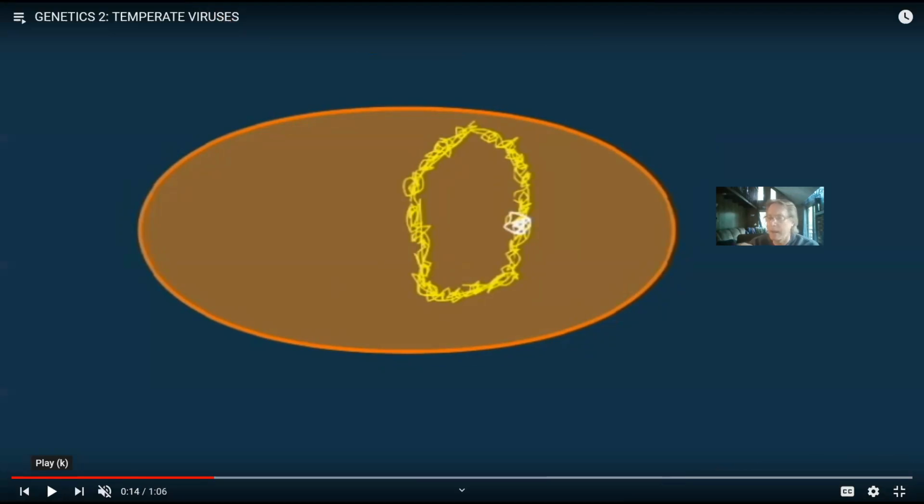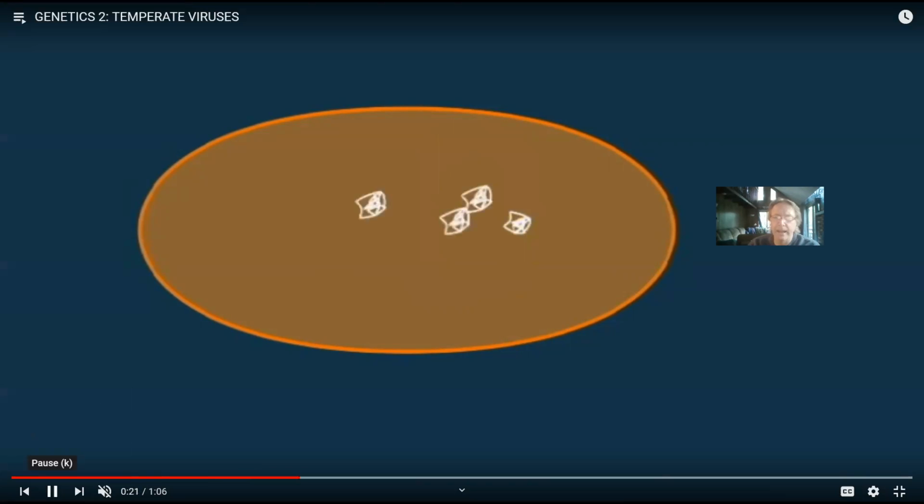The virus may at some point later initiate a lytic cycle. So perhaps if the cell is thriving, the virus may sit dormant, with the idea that the more the cell thrives, the more copies of the virus are being replicated. But if the host were to enter into hard times and be stressed, the virus would then initiate a lytic cycle.